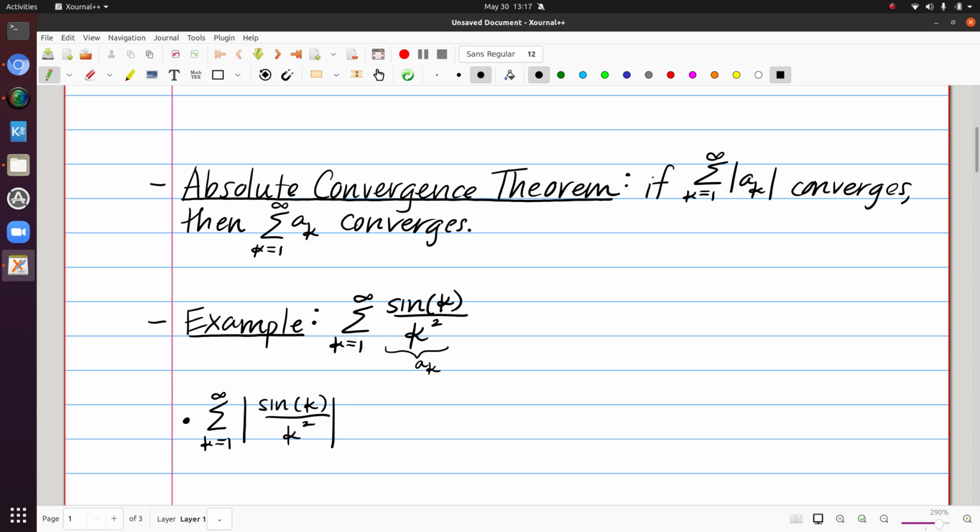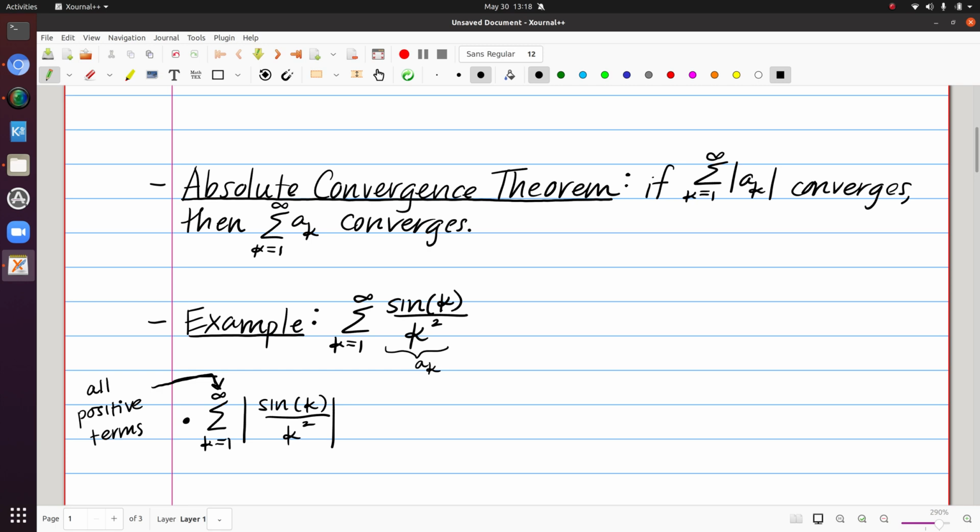So let's think about what we gain by taking the absolute value. First of all, the key thing is that the series we're looking at now has all positive terms. The advantage is this opens up the possibility of using some of our tests that required all positive terms, which we couldn't use on the original series.